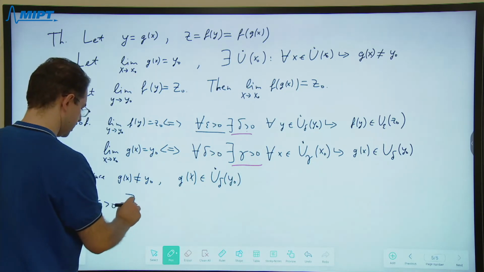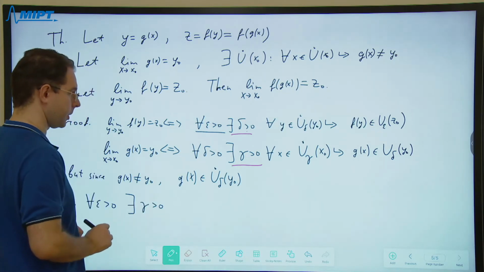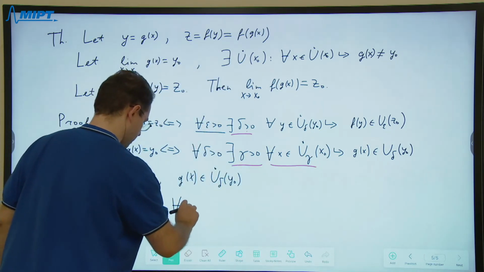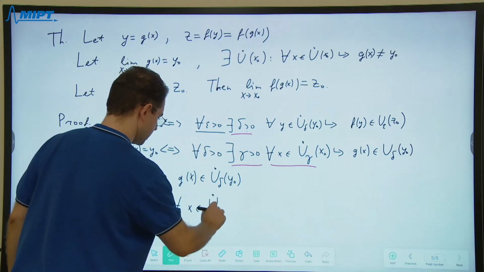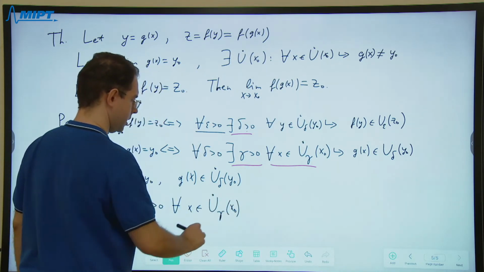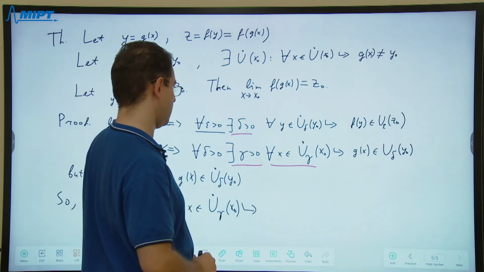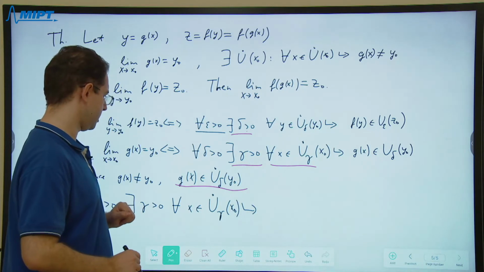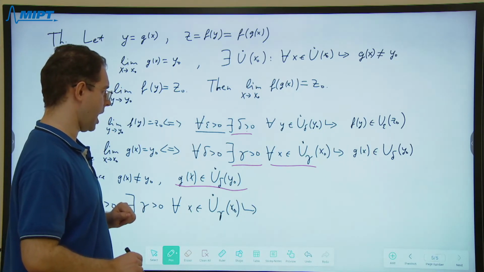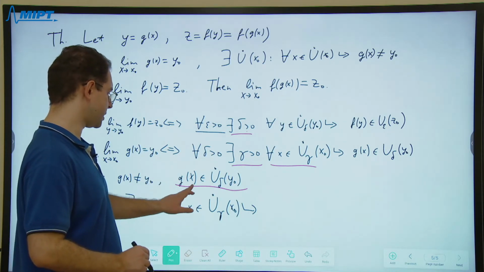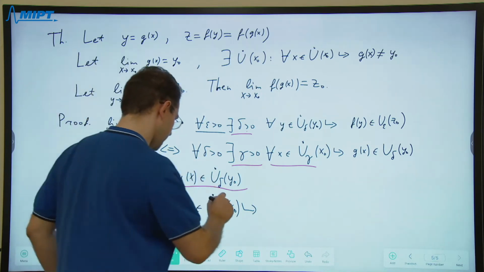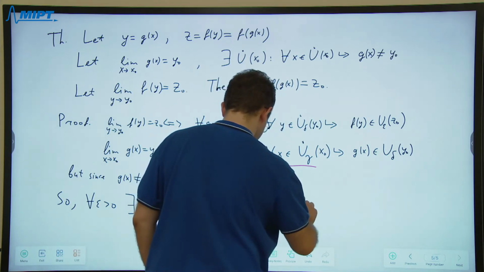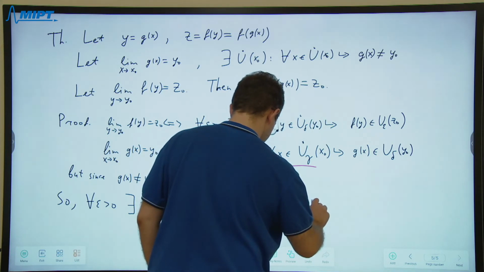I will write there exists gamma greater than 0, such that for any x from the deleted gamma neighborhood of x0, g of x is from the deleted delta neighborhood of y0, and hence y equals g of x is from the deleted delta neighborhood of y0.